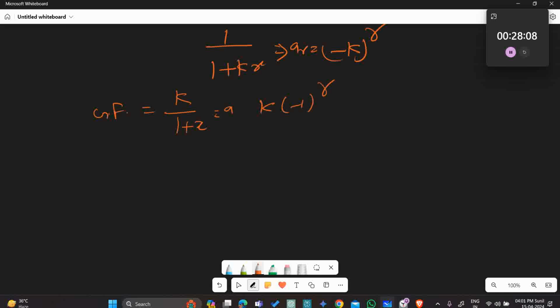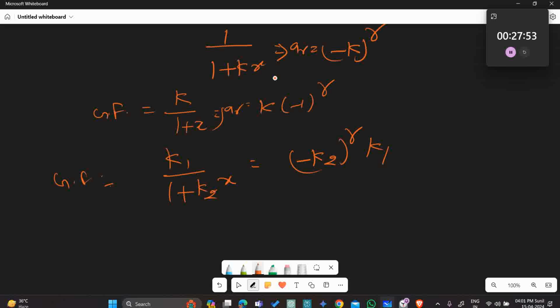And if the generating function is k1 upon 1 plus k2x, a of r is minus k2 to the power r into k1. Alright. So these are some notes from previous discussions, and I hope you understand these notes.